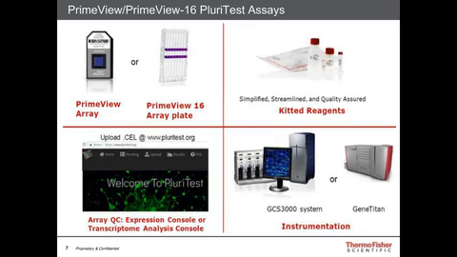This slide summarizes reagents, instrumentation, and analysis portal to carry out this assay. There are two array formats available: individual array or a plate containing 16 arrays, a freely downloadable software, Transcriptome Analysis Console, for QC of the scanned files, and an online cloud-based portal, PluriTest.org, for the analysis.